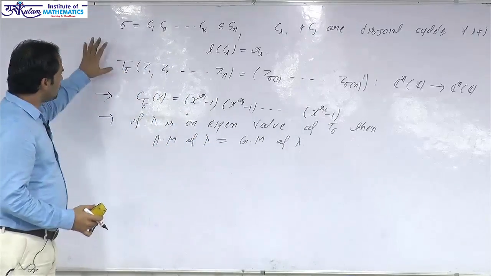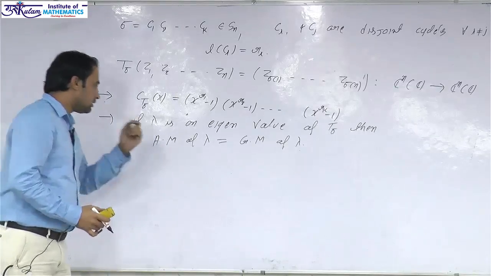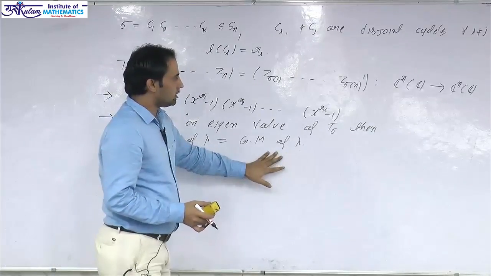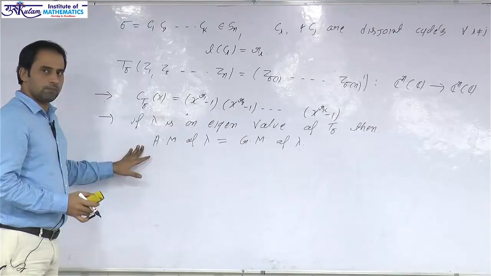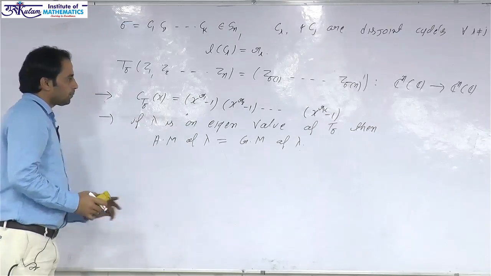So in this permutation operator, the algebraic multiplicity of each eigenvalue is always the same as the GM of each eigenvalue, and you can calculate the AM of lambda directly using the properties we wrote.